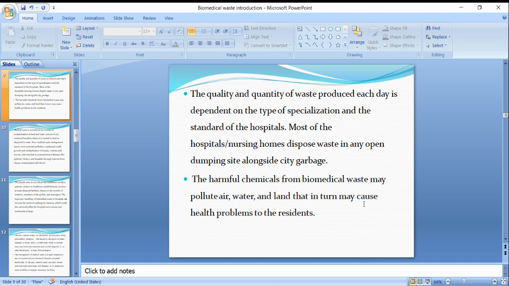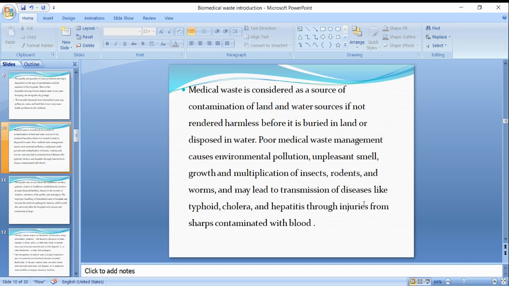Most hospitals have to dispose of their waste, and it should not be dumped in an open dump site. The harmful chemicals from the biomedical waste may pollute the air, water and land, which in turn may cause health problems to the residents.